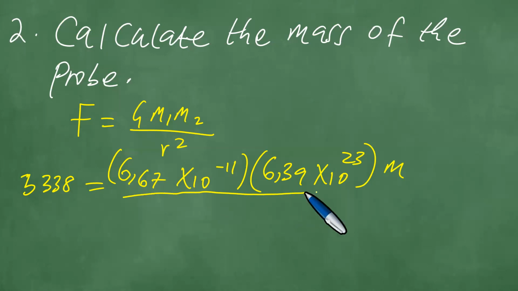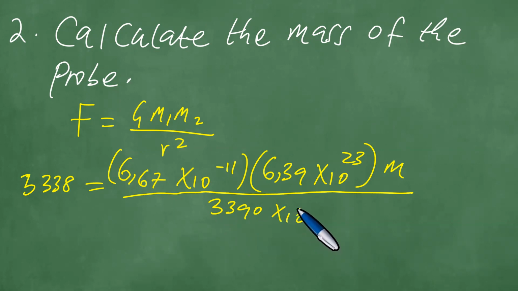times 10 to the 23. And therefore, this is divided by the radius of Mars, which is 3390. Okay, and we calculate here and we use the calculator.